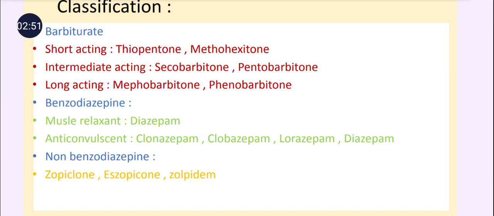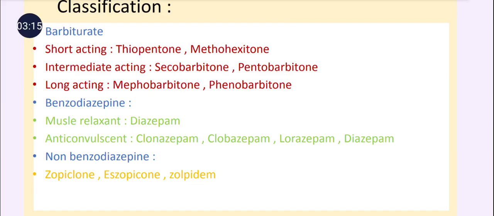Short acting barbiturates include thiopentone and methohexitone. Thiopentone is a drug with sulfur in its structure. Thio indicates the presence of sulfur. And intermediate acting include two drugs, that is secobarbitone and pentobarbitone. Butabarbital is also there in the intermediate acting class. And long acting include mephobarbitone and phenobarbital.